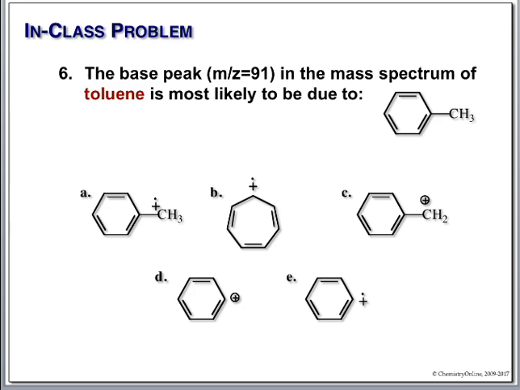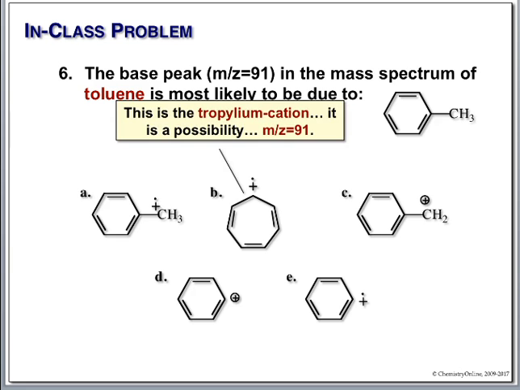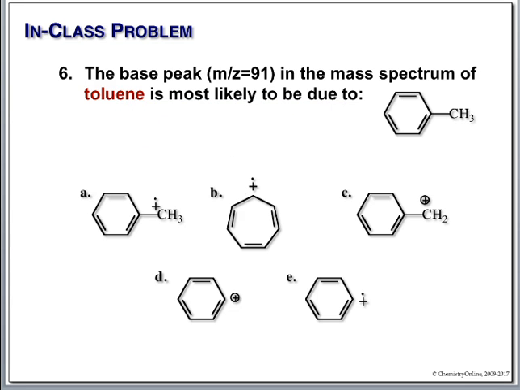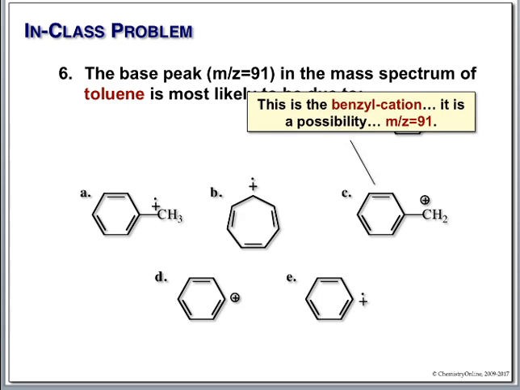It also has a mass to charge ratio of 91, so this is a really good possibility. Our next one here, this is the benzyl carbocation. Now the benzyl carbocation also has a mass to charge ratio of 91, and it is also a definite possibility here.